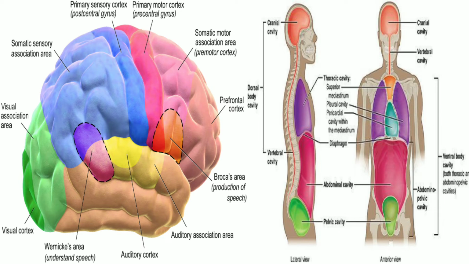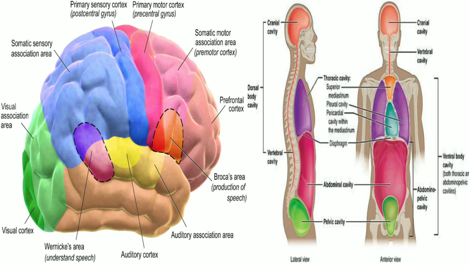Now see here, this is your brain. This is the sideways human figure, and this is the front part. This brain, you can see here, is in which cavity? It's in the cranial cavity. Similarly, if you go down, you can see here the stomach in pink color. This is in the abdominal cavity.